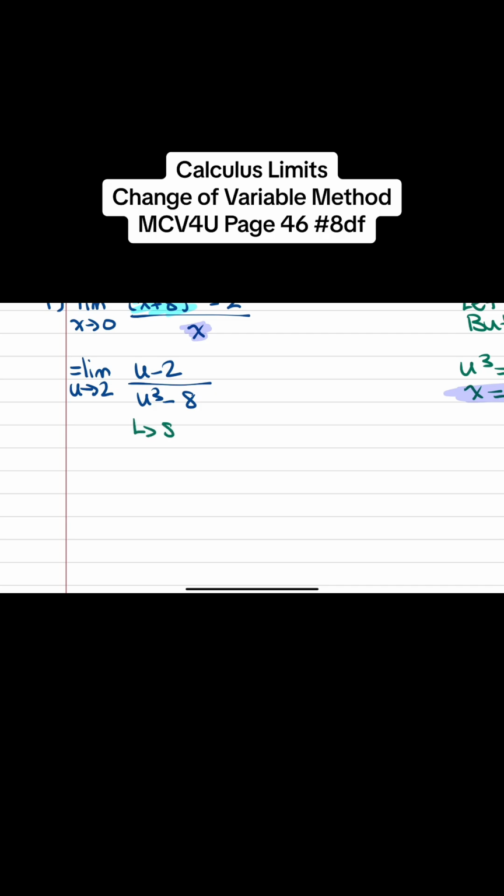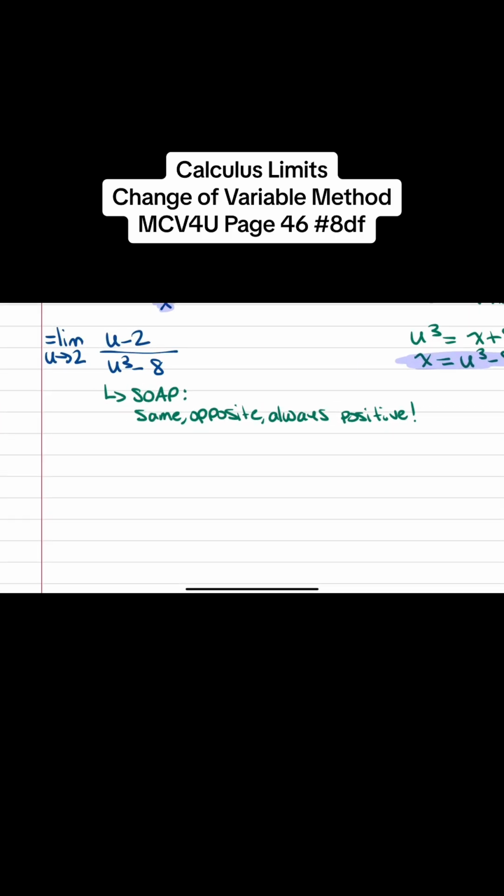The acronym is called SOAP. It stands for same, opposite, and always positive. We can now rewrite this as the limit as u approaches 2 of u minus 2 all over u cubed minus 2 cubed. This is where the SOAP part comes in.